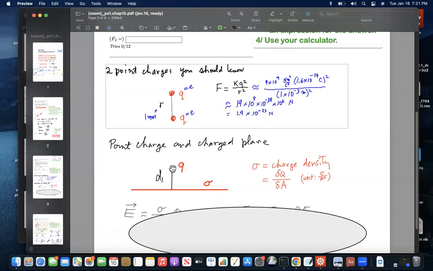Then I have this proton, which has a charge Q, which I could just as well say is E, at some distance d1 above the plane. Okay, now, what's the force on this proton?